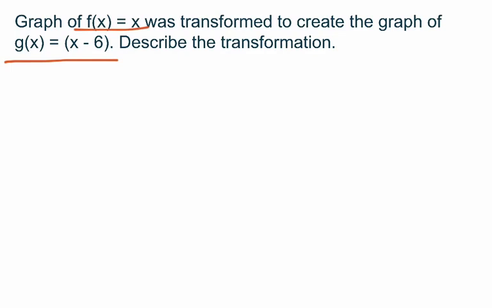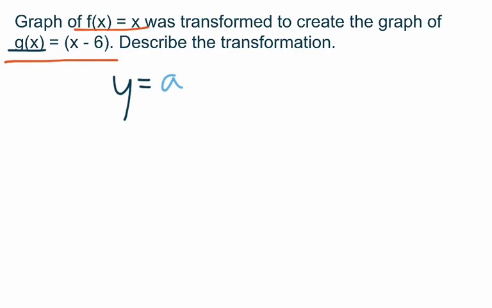Well, remember our form, the g of x right over there. The g of x is the same as the y equals right over there. We can treat it exactly the same. And remember, we have our a.